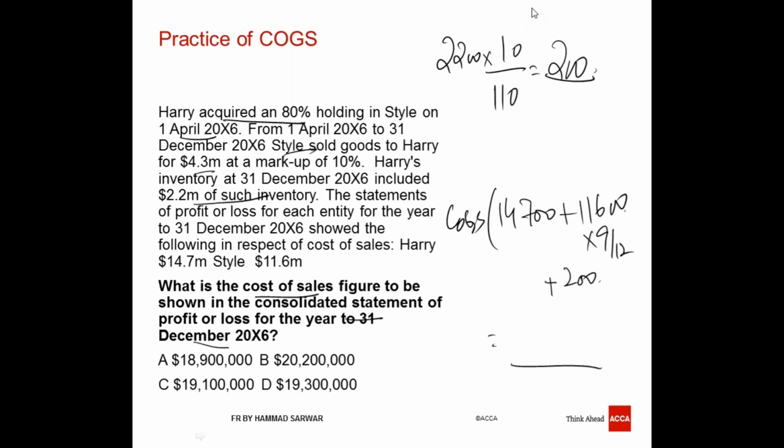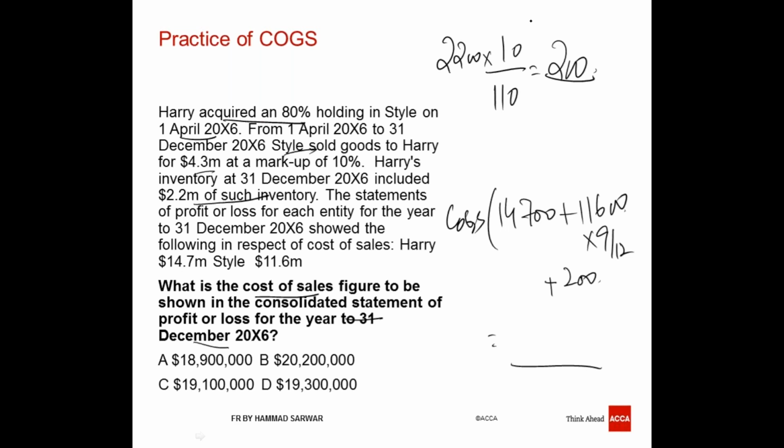I think we have done something wrong. Style sold goods to Harry 4.3 million. The markup, Harry's inventory at 31st December included 2.2 million of inventory. So 2.2 into 10 upon 110, so it will be 200.